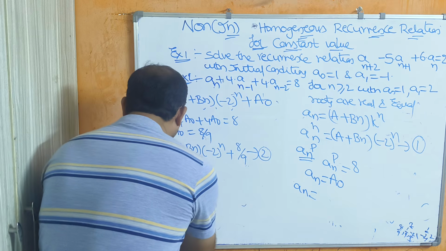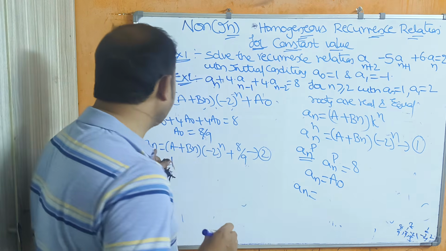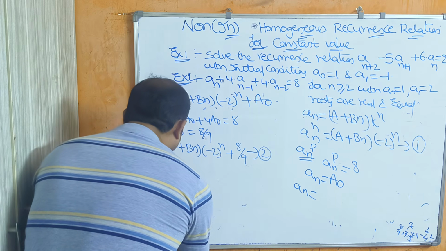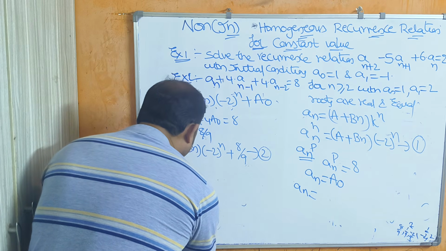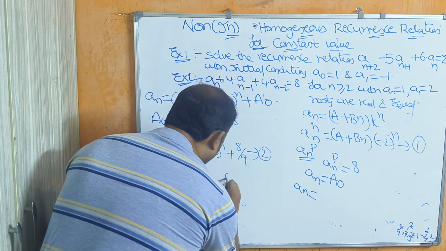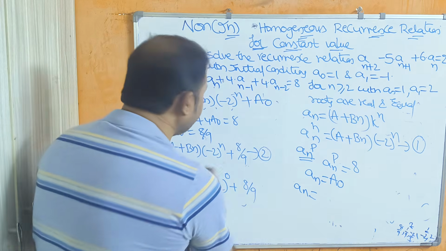So what is a naught value? A naught equal to 1. Now substitute 0 in place of n. So now the equation will become a naught equal to a plus b into 0 into minus 2 whole power 0 plus 8 by 9. A naught is given as 1.